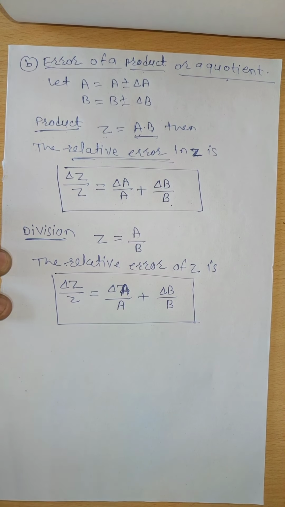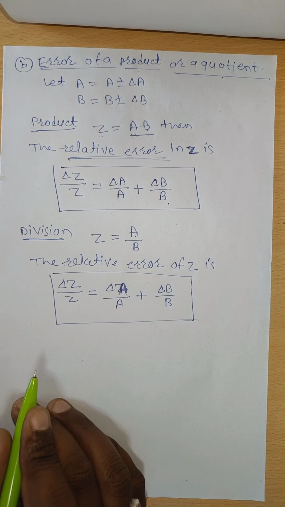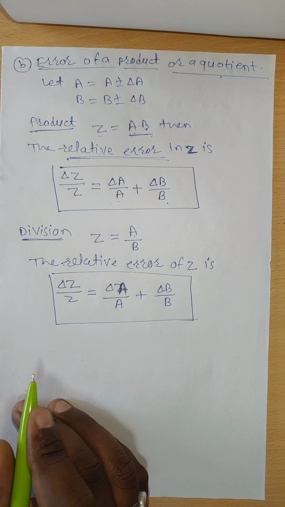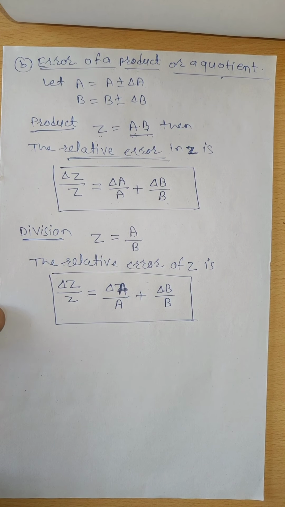What is the rule while we are taking the product or quotient? In that case the rule for relative errors is, when two quantities are multiplied or divided, the relative error in the result is the sum of the relative errors in their multipliers.